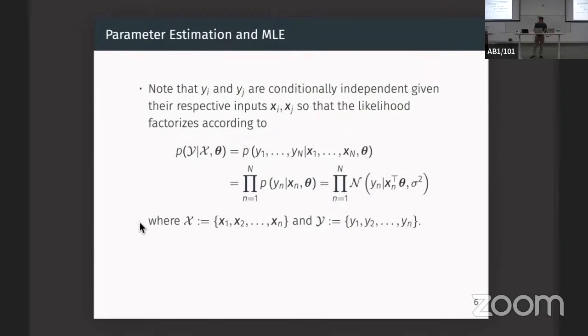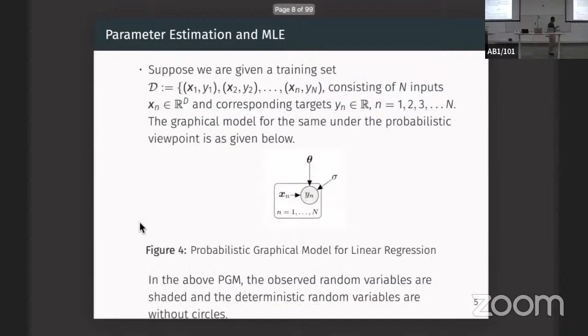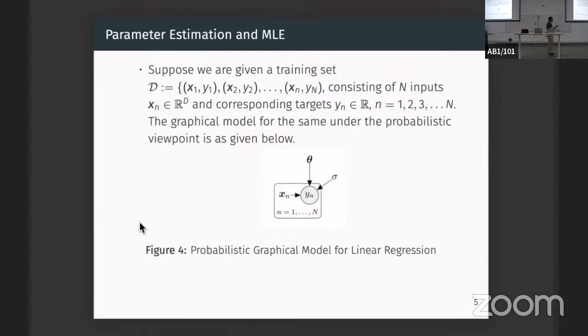Okay, this was the question where we had stopped. I want you to be able to calculate the likelihood of the data given the parameters theta, right? Now, what is the data set? The data set is x1, y1, x2, y2. Why is x in boldface? x is a vector, right?